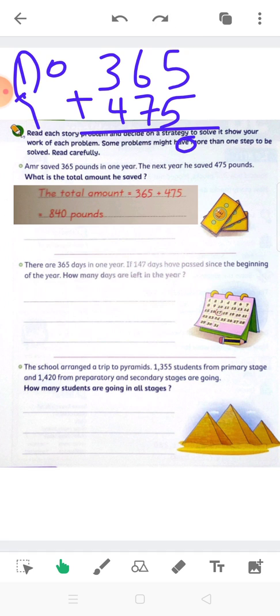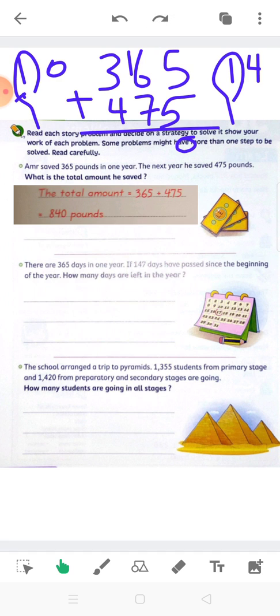Then 1 in the balloon. Okay, so what do we have here? 1 plus 6 equals 7. 7 plus 7 equals 14. Okay, so the answer is 14.